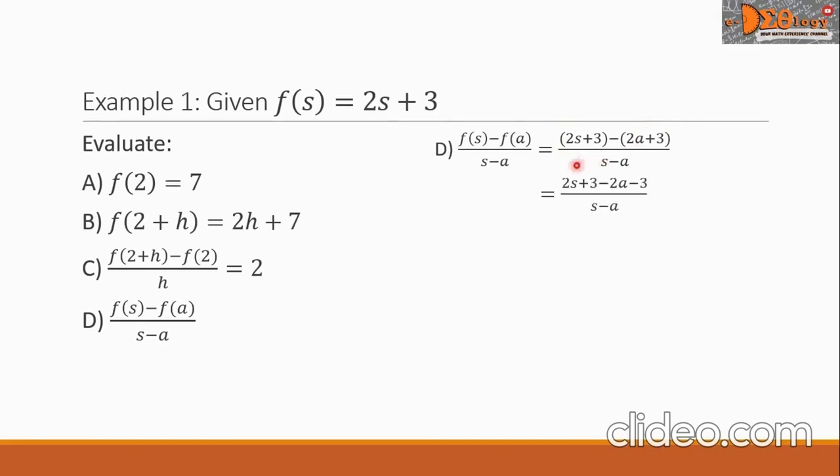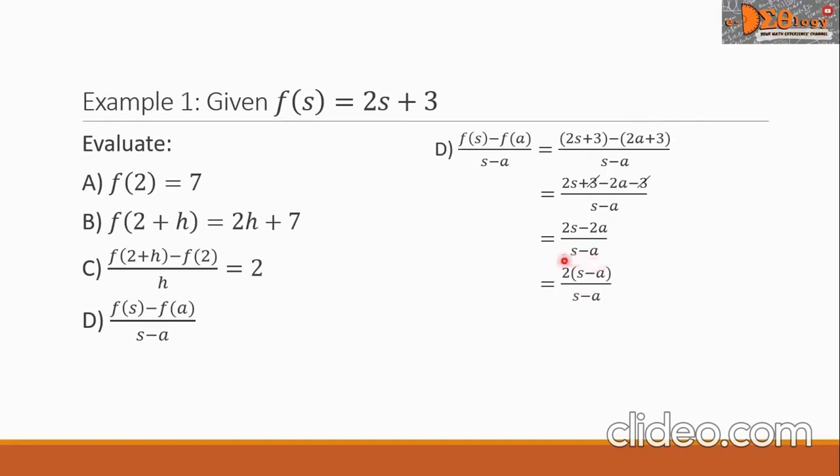So we have now 2s plus 3 minus 2a minus 3 all over s minus a. Did you notice this is positive 3 and this is negative 3? When we combine together, it becomes 0. So we have now 2s minus 2a all over s minus a. In the numerator, there is a common factor which is 2, and we can factor it out.